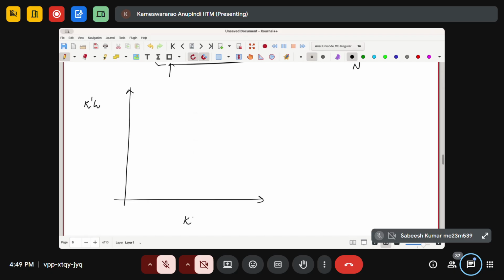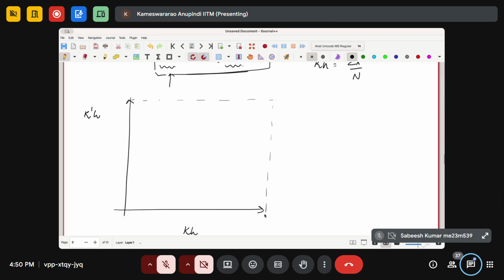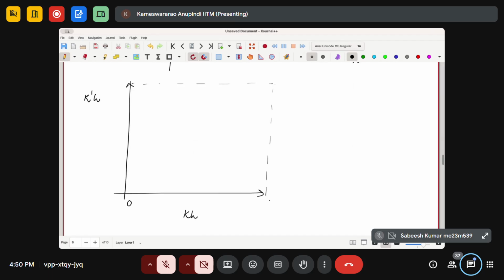On the x-axis, I'm plotting k times h, and on the y-axis, the modified wave number, k prime times h. Let me choose a range of 0 to pi, which is 3.1415, on both axes.